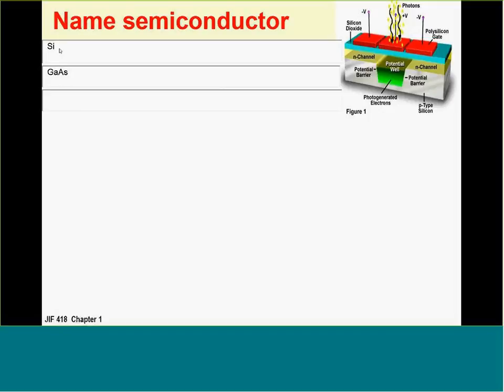If you look at the electronic properties of silicon, it is an indirect semiconductor, and from there we know what kind of material we can use, and what kind of devices we can only use silicon for. But gallium arsenide is a direct semiconductor. So when we look at the name, we can know that it's not possible for it to have this kind of certain properties.